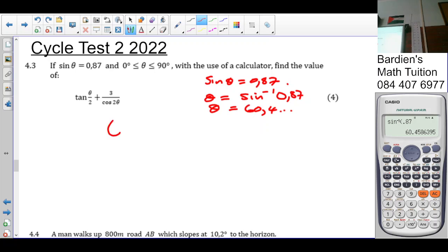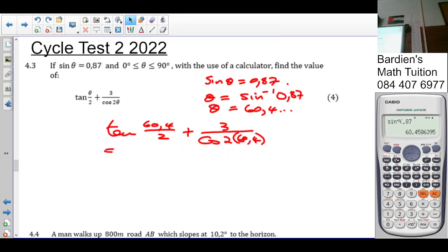Now we say tan of 60.4 over 2 plus 3 over cos of 2 times 60.4. Now we put it in the calculator. If I push answer, that's the last answer calculated on the calculator.